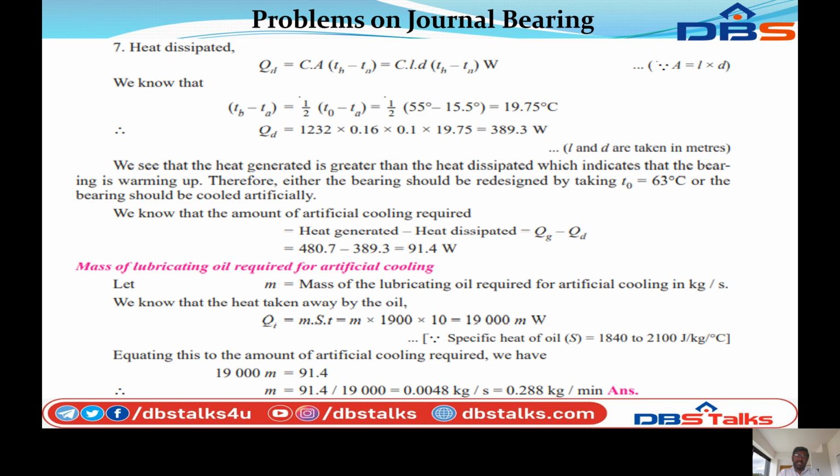We know that the heat taken away by the cool oil, Qt is equal to M into S into T, that is equal to M into 1900 into 10, that is equal to 19,000 M watts, since the specific heat of the oil S is equal to 1840 to 2100 joule per kg per degree centigrade.